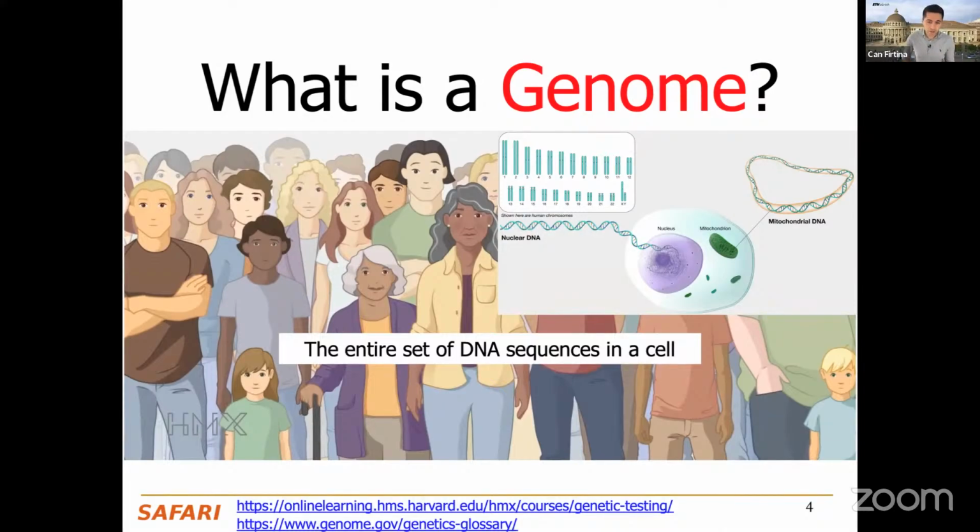If we're speaking of humans, in most cases we have 23 pairs of these chromosomes, and each pair is coming from one of the parents. We're going to cover these also in the coming slides. So for now, in terms of abstraction level, we have this set of DNA sequences in a cell.